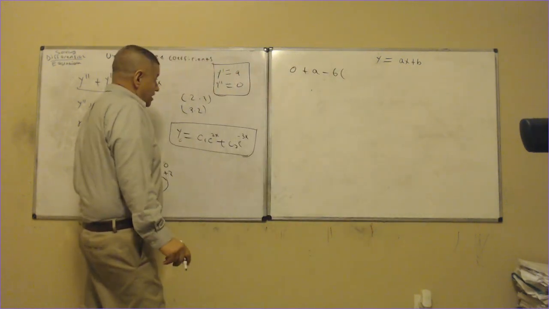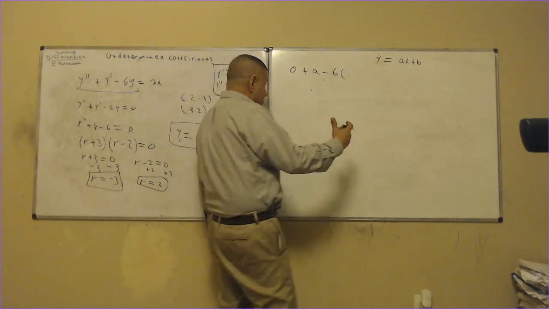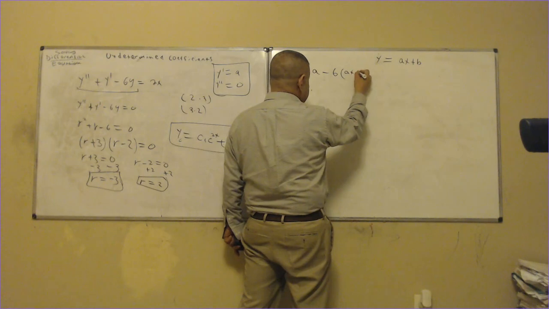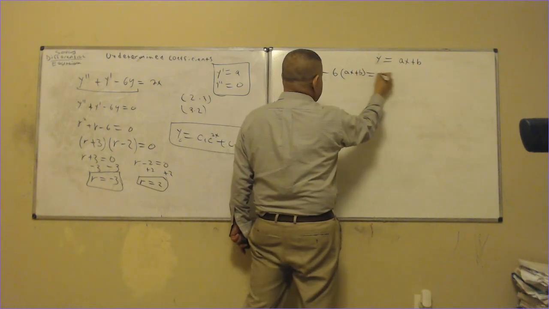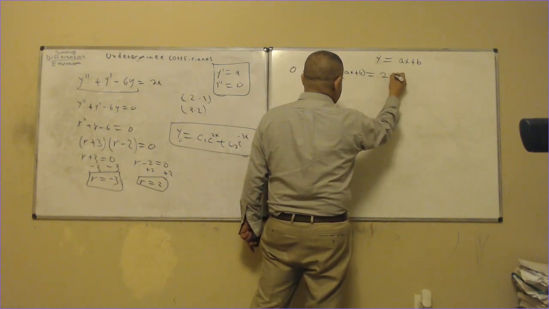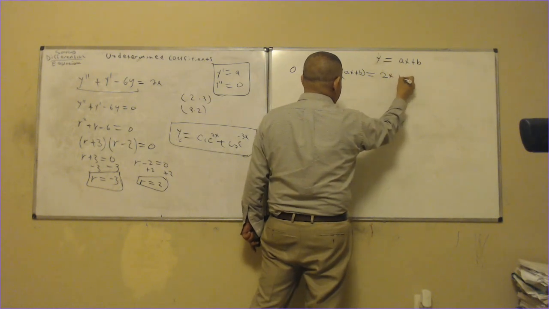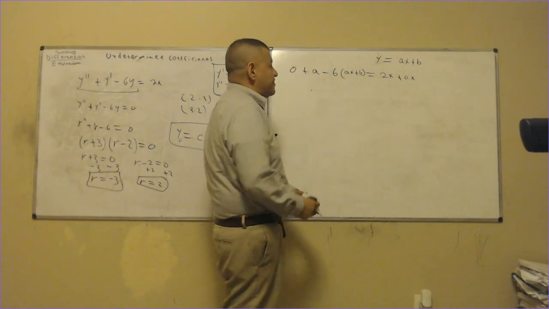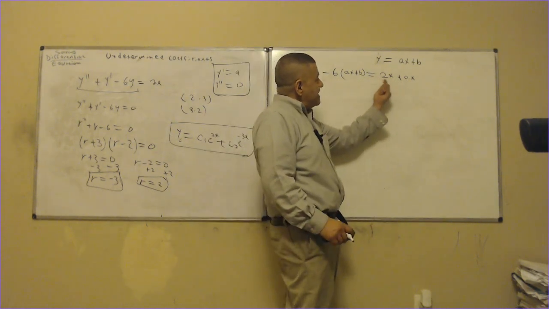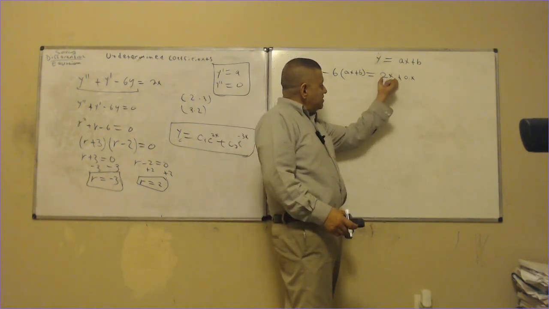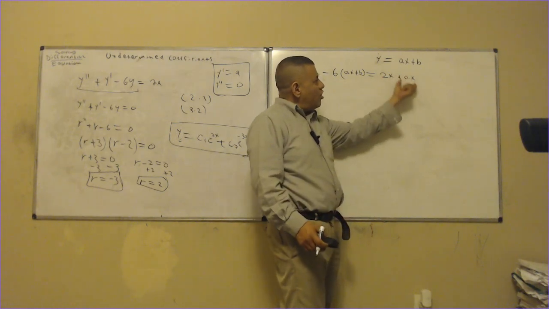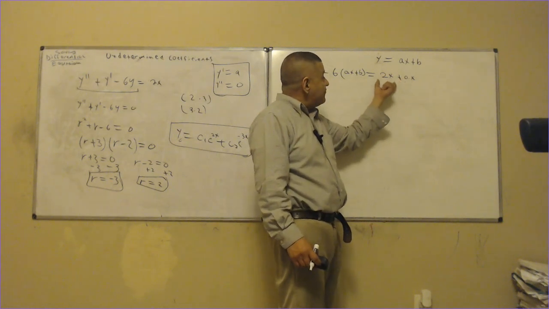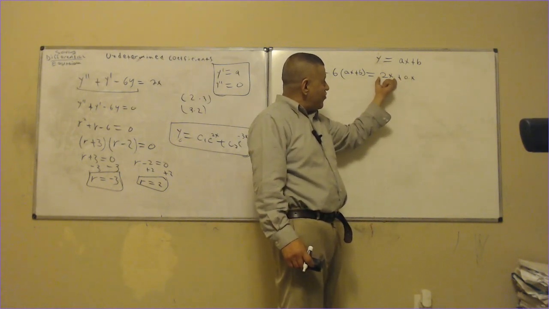Now what I'm going to do is substitute ax plus b inside, equal to 2x plus 0. I need to make sure that I compensate for any lower power or constant that I have after this first term.